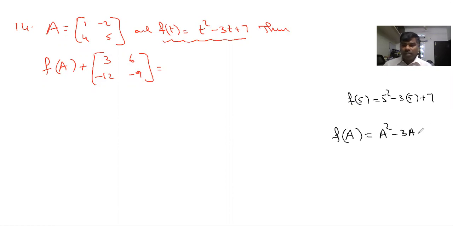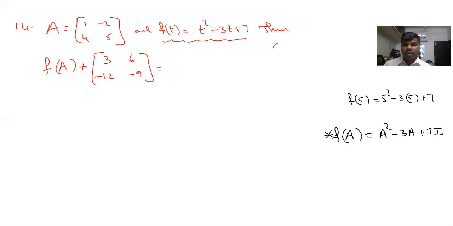It won't be just 7 because there is no addition of a number with the matrix. It will become 7I. Whenever you are replacing the variable with a matrix, the number becomes the number times I. So this is the new point in this problem. You need to fix this point in your mind. Then what you get: this becomes A square minus 3A plus 7I.